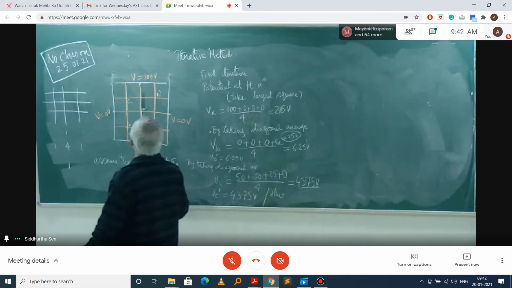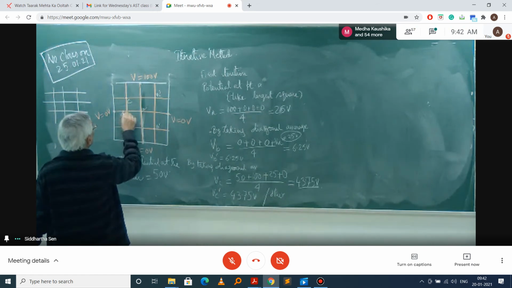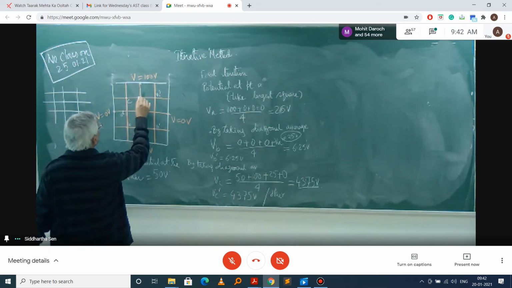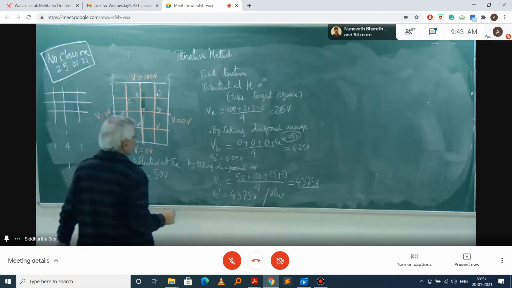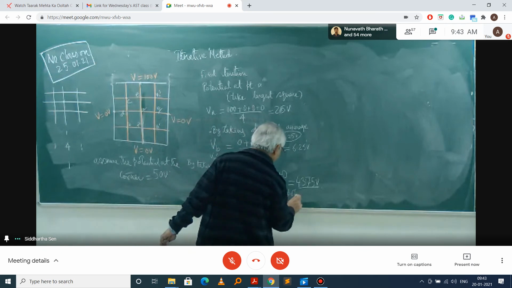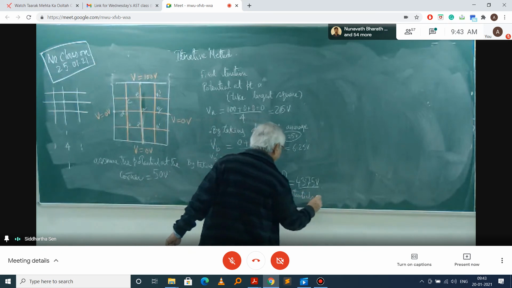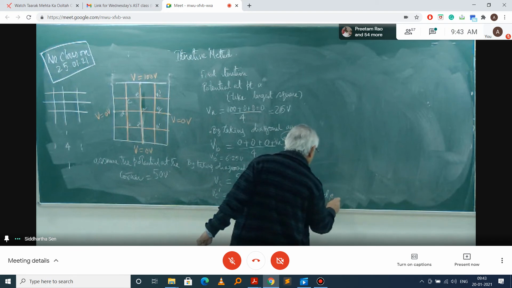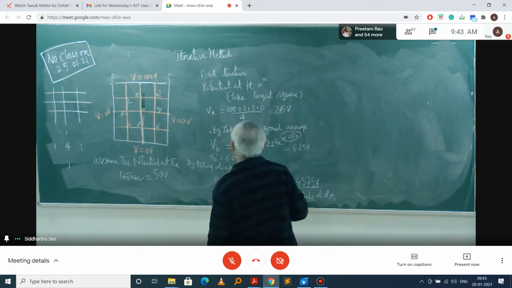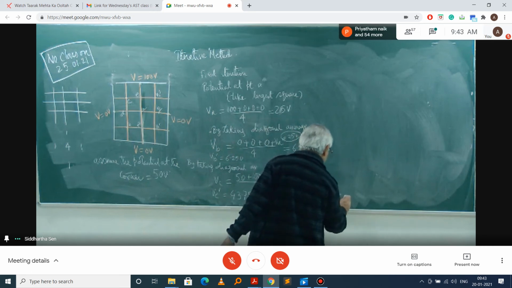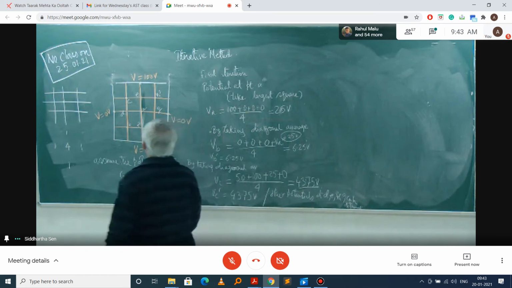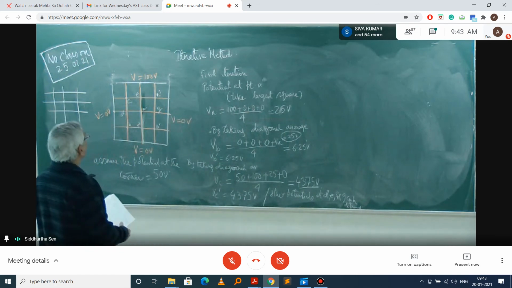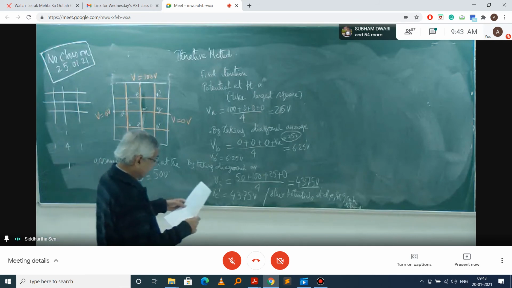So it is A, B, C, then D, E, F, and G. So potentials at D, E, F, and G can be obtained. I am not showing it now. Now I say it is the second iteration.